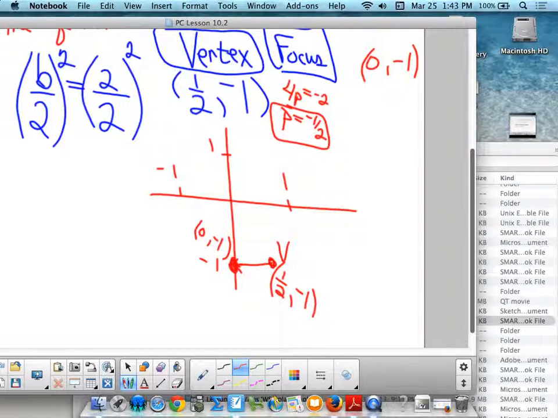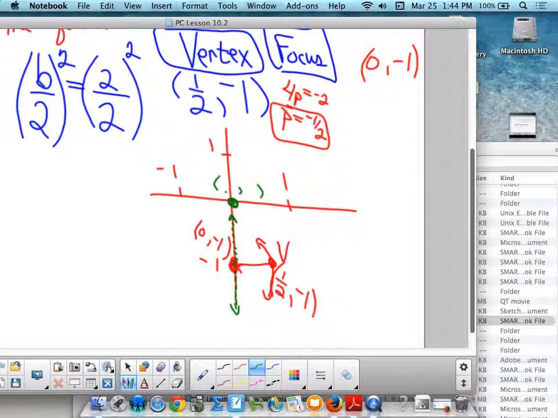You know it goes this way, right, guys? This way? This way? What's the focal width? That way. What do you know about the focal width? Let's just pretend it's here. What do you know about one of these two ordered pairs?